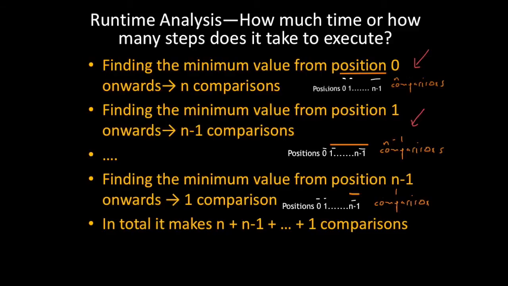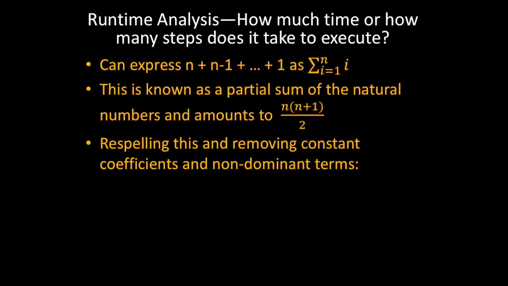So for every position, we will total n plus n-1 plus all the integers in between, down to 1 comparisons. We can express this quantity using summation notation, and it is known as a partial sum of the natural numbers, which amounts to n times the quantity n plus 1, divided by 2.